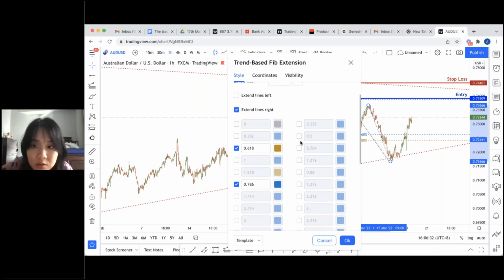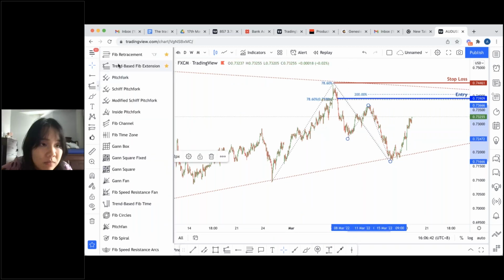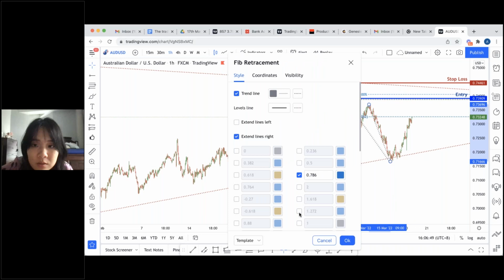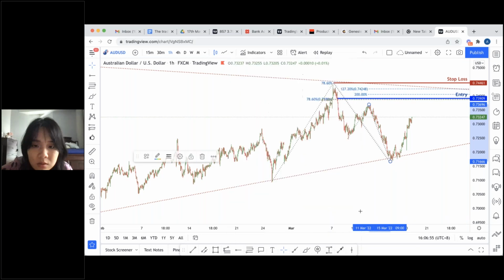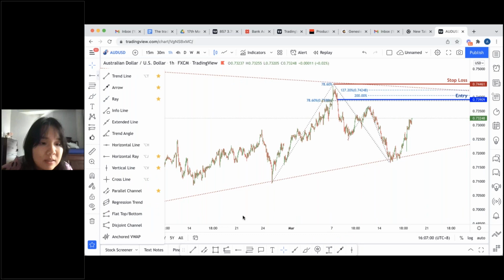Projection 1.6 is here, 200, it's an overextended area. And here probably about the 1.2. 100% is here, 1.2. So what I'm seeing is that there's potential for a small reversal.